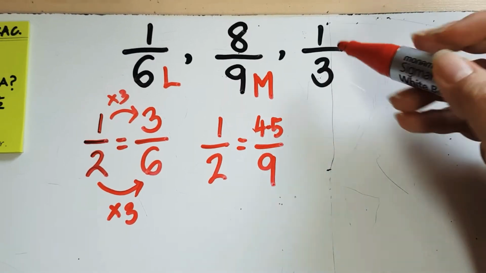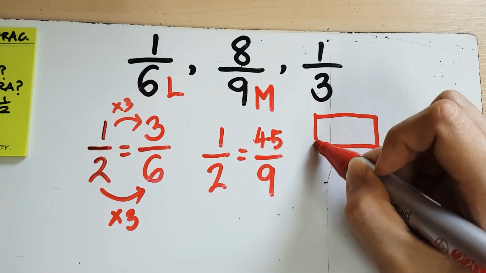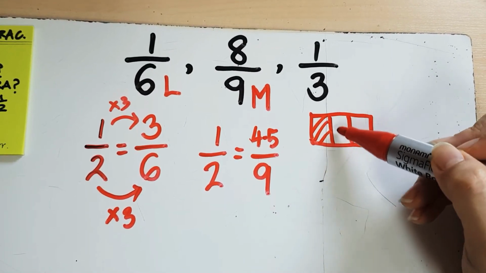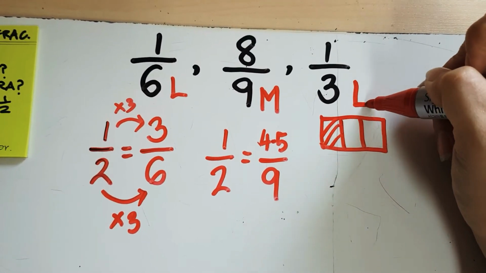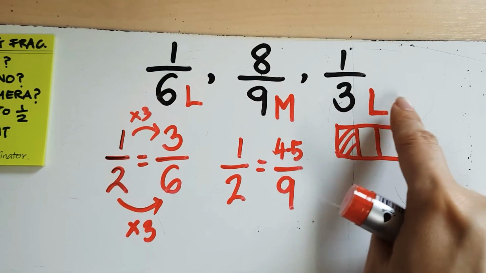Okay, if I have 1/3, well, maybe we can just think of a chocolate bar, and split it into 3 equal parts. And if I only eat one part, I definitely eat less than half of the chocolate bar. So this would be less. Now, you see less than half, more than half, less than half.